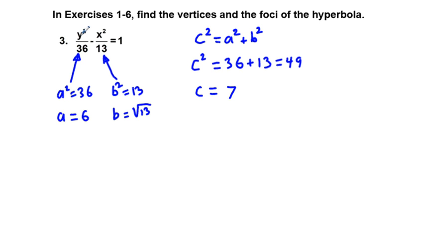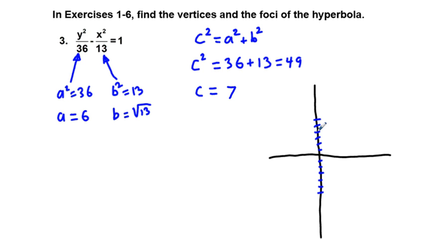And yes, at the origin, because we don't have y minus something or y plus something, nor do we have x minus something or x plus something, so we can just sketch an xy coordinate plane like this. And we know our a value is 6, so we're going to go 6 units up from the origin, 1, 2, 3, 4, 5, 6, and down 6, negative 1, negative 2, negative 3, negative 4, negative 5, negative 6.